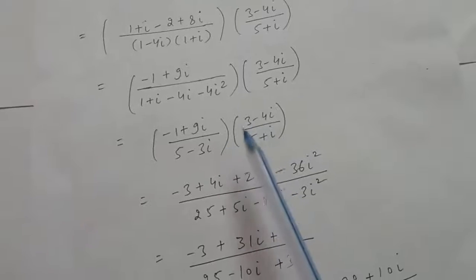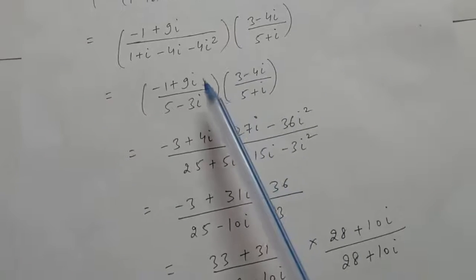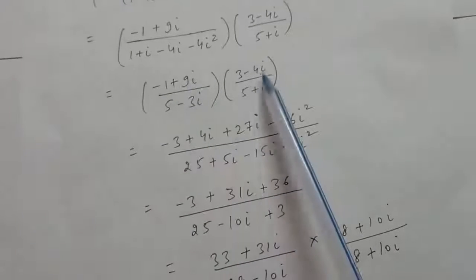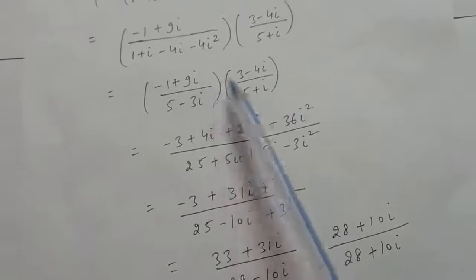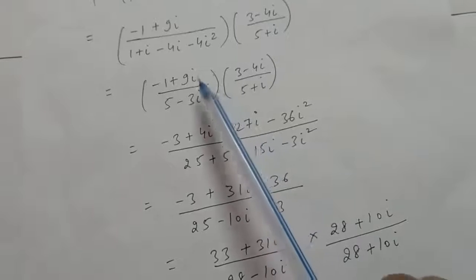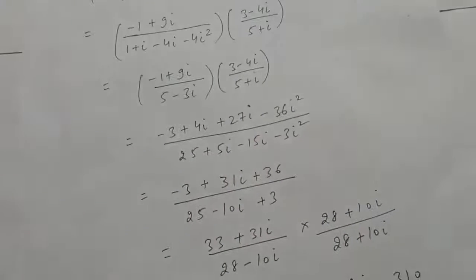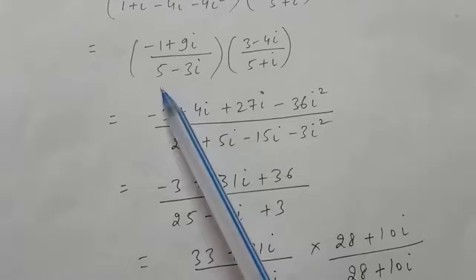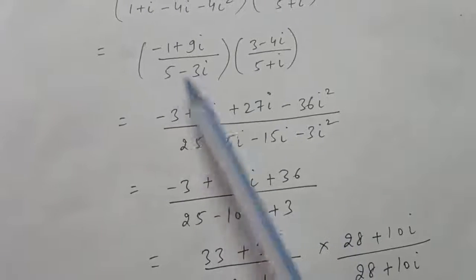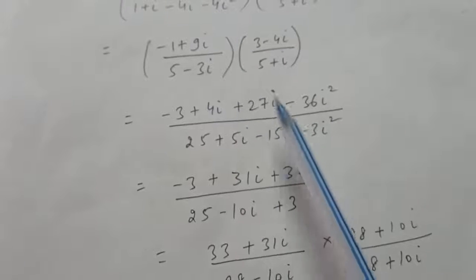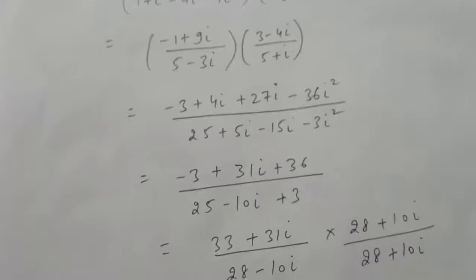Now multiply these two terms, so you will get in the numerator minus 3 plus 4 iota plus 27 iota minus 36 iota square, upon 25 plus 5 iota minus 15 iota minus 3 iota square.